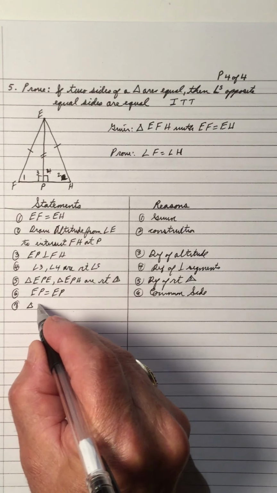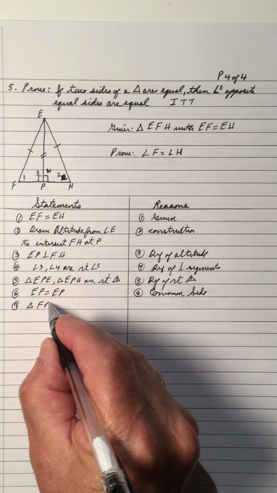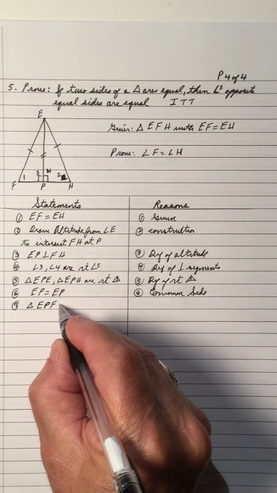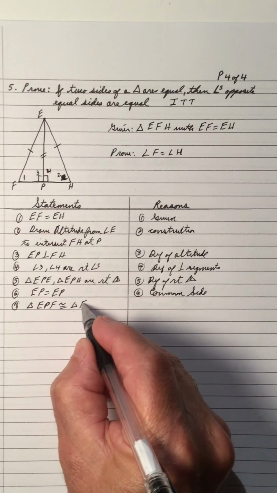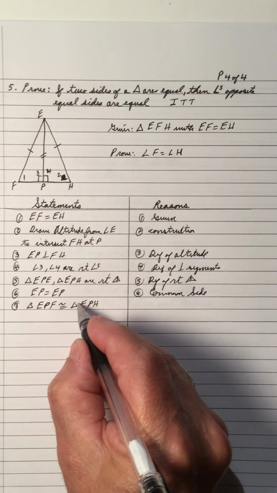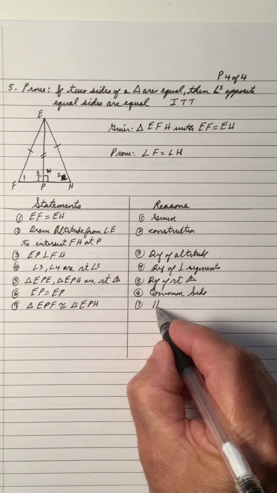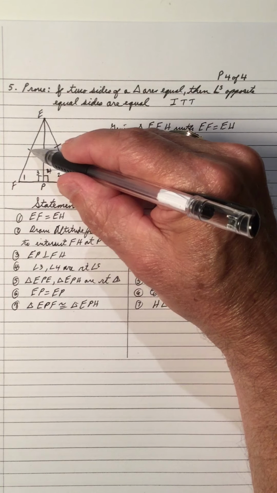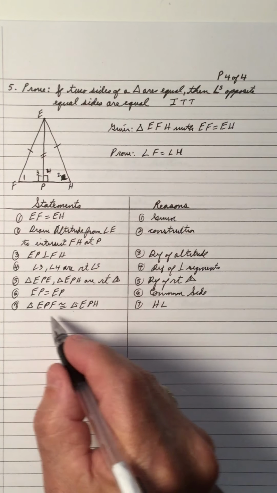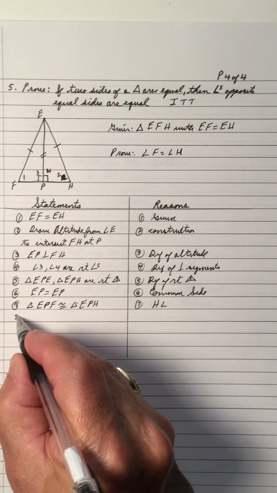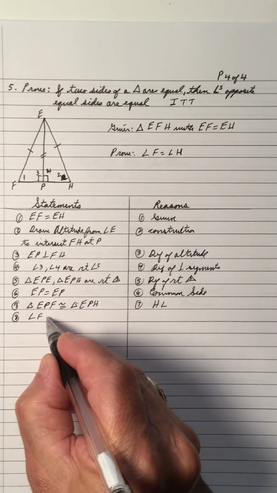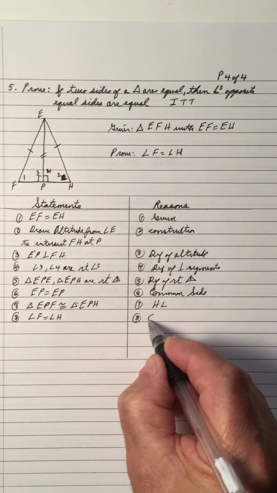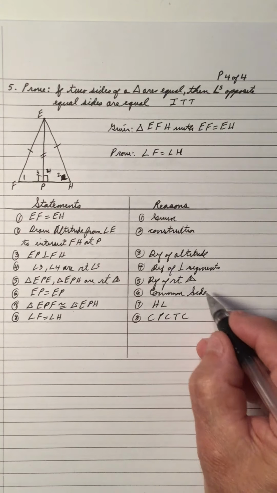So that means the triangle EPF is congruent to triangle EPH by hypotenuse leg. Because we have a pair of right triangles with the hypotenuse equal and our legs equal, therefore the triangles are congruent by HL. And that makes angle F equal to angle H by CPCTC.